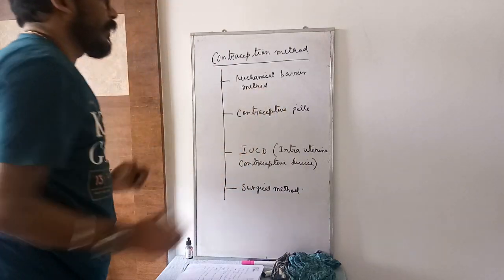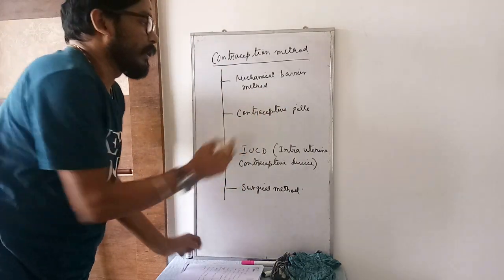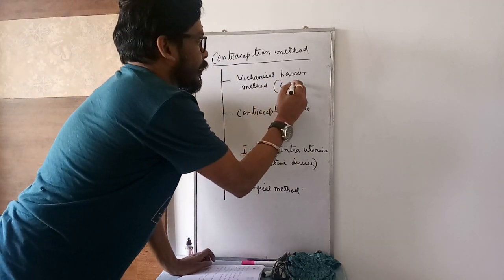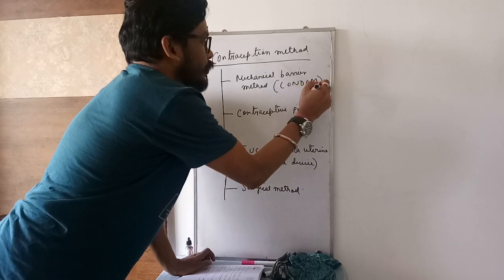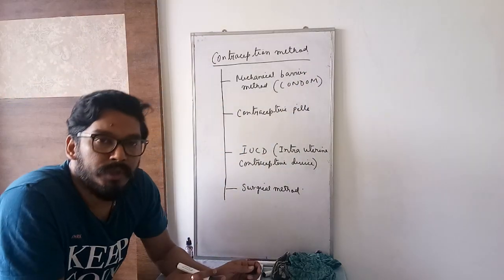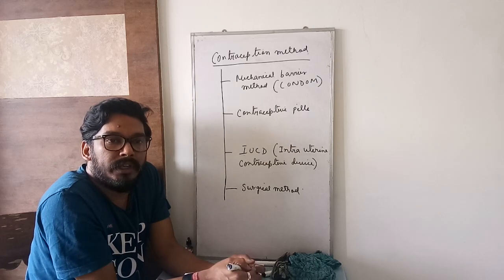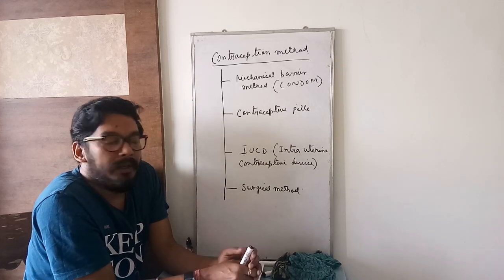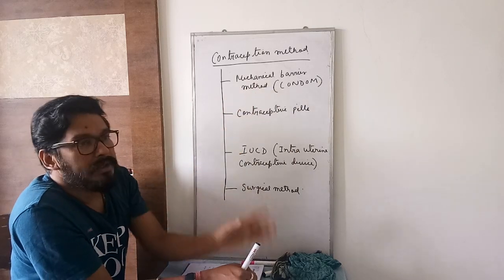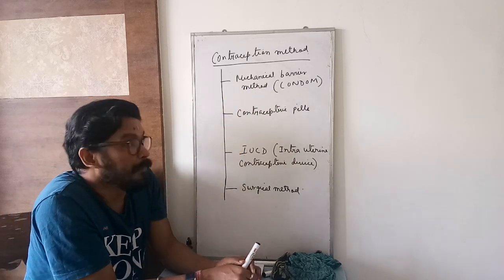So first we will discuss the mechanical barrier method. In the mechanical barrier method comes the condom. A condom is a covering which is put on the penis so that the sperm does not come in contact with the female. The sperm does not enter the female body.